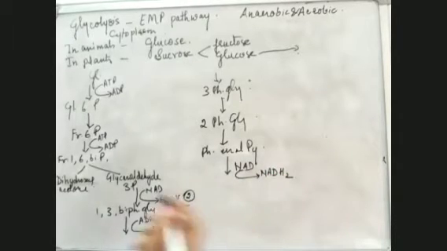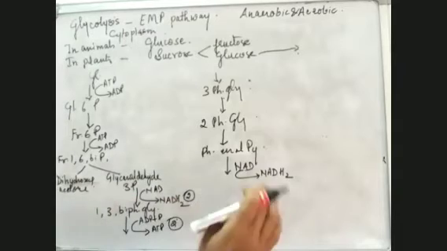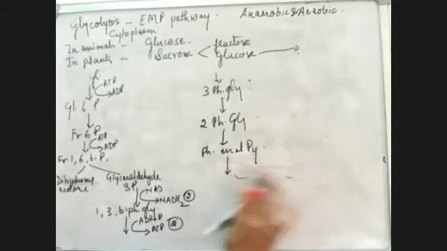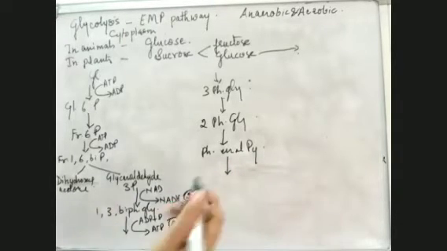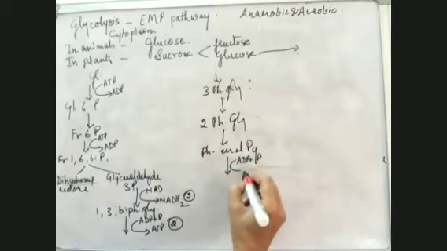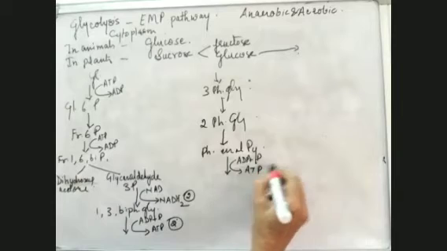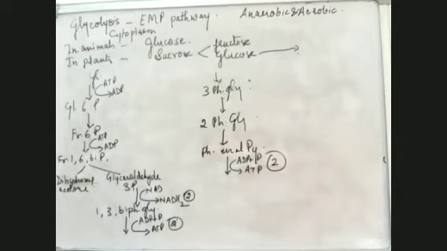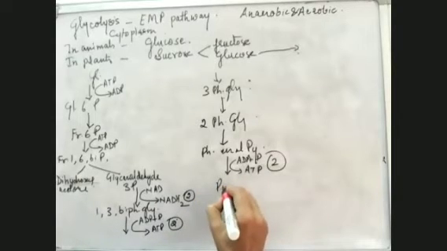Here? Not NADH2, I'm writing wrong here. This is ATP. ADP plus P forms ATP. Again, 2 molecules of these are formed. So 2 of this, 2 of that, and finally we get pyruvic acid.